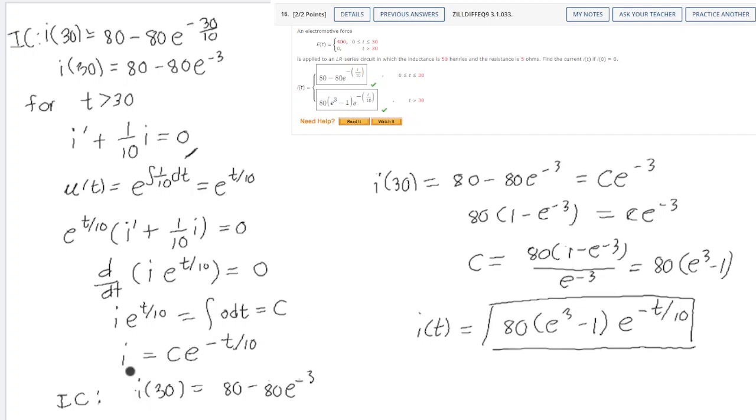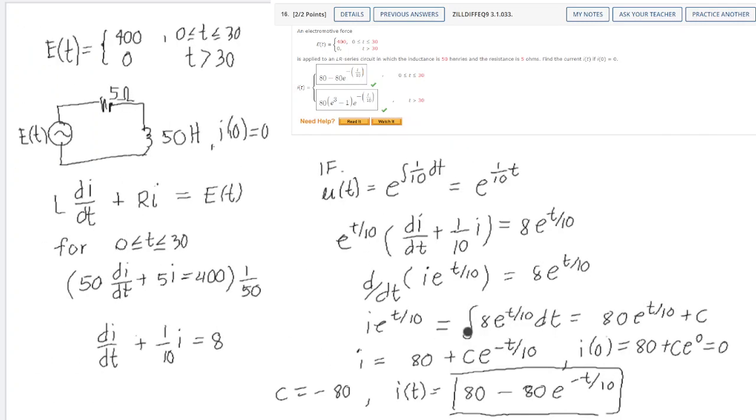And our initial condition now is not I(0), because we started from t equal to 30. Our initial condition now is I(30). What is the value of I when t is equal to 30? Since we got the equation for our I(t) from the previous part, this is our equation for t between 0 and 30, including 30.